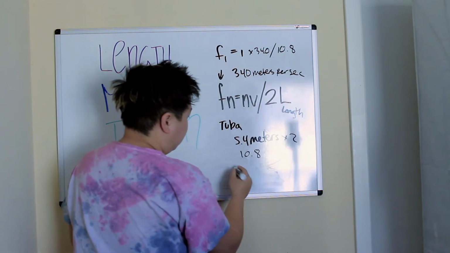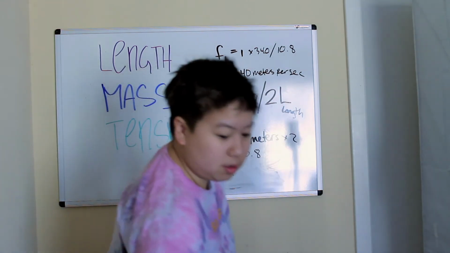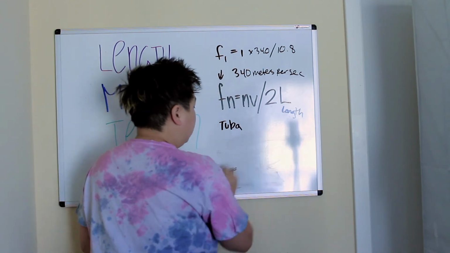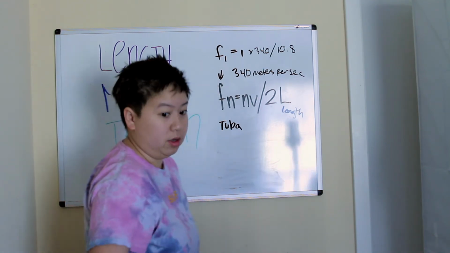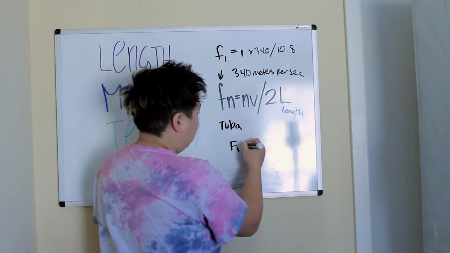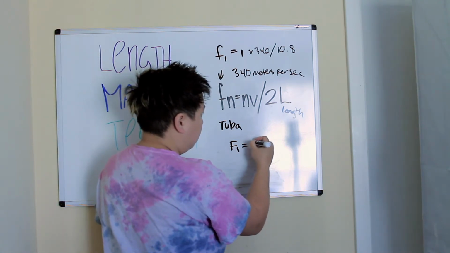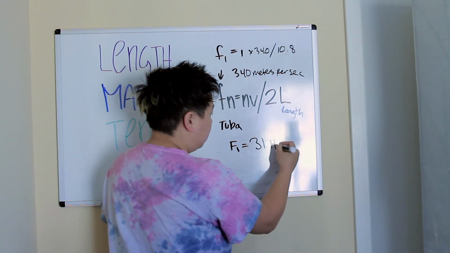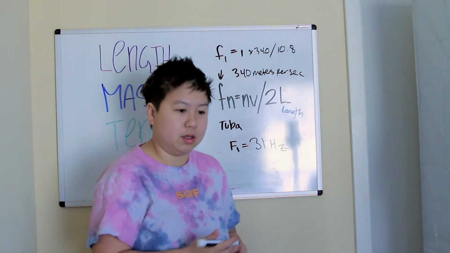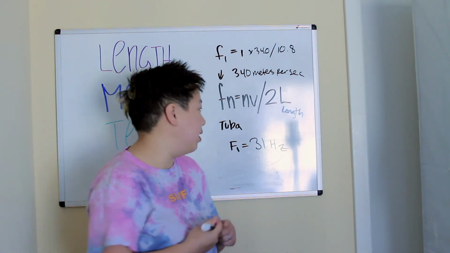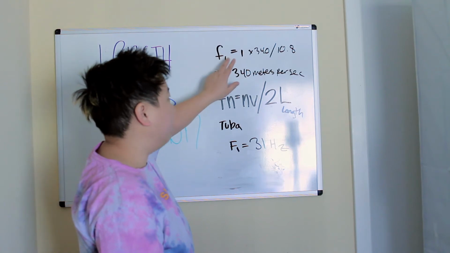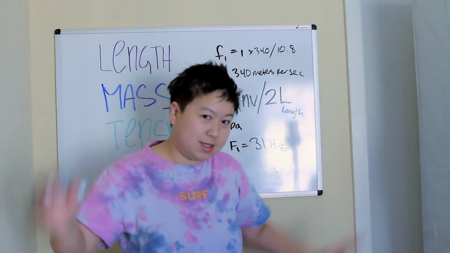And it comes out to, let's erase this, the first fundamental of the tuba, which is how low it can go, equals 31 hertz. Around. There are a lot of other contributing factors, but that's a really good way. You can do it if you want to find the second fundamental, third, all that stuff.